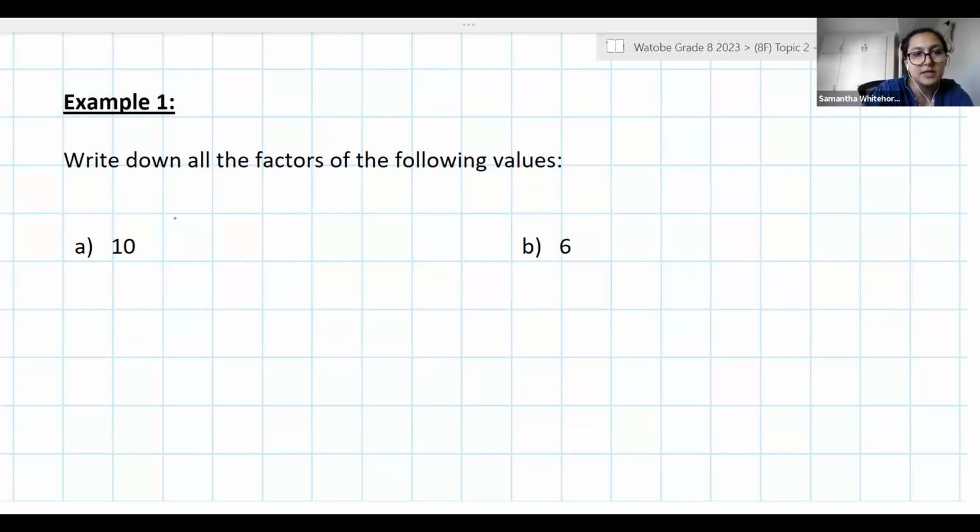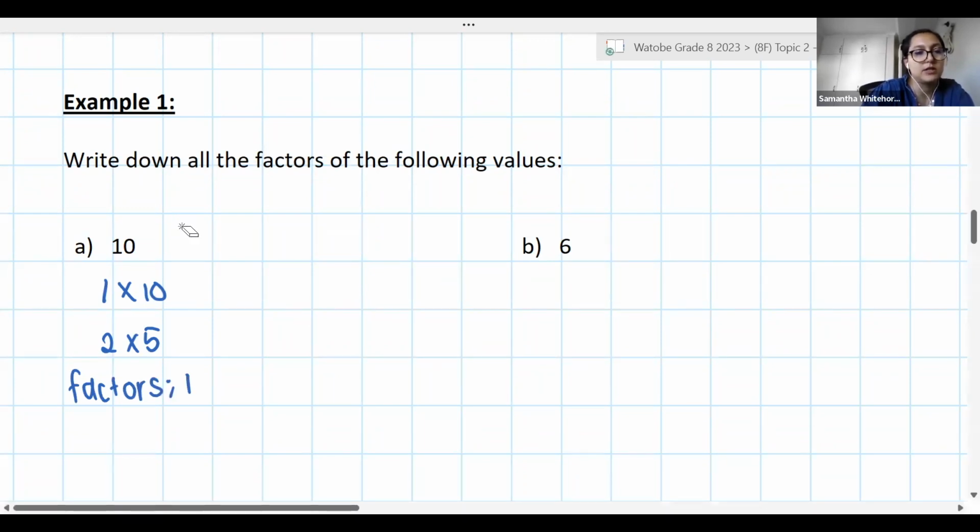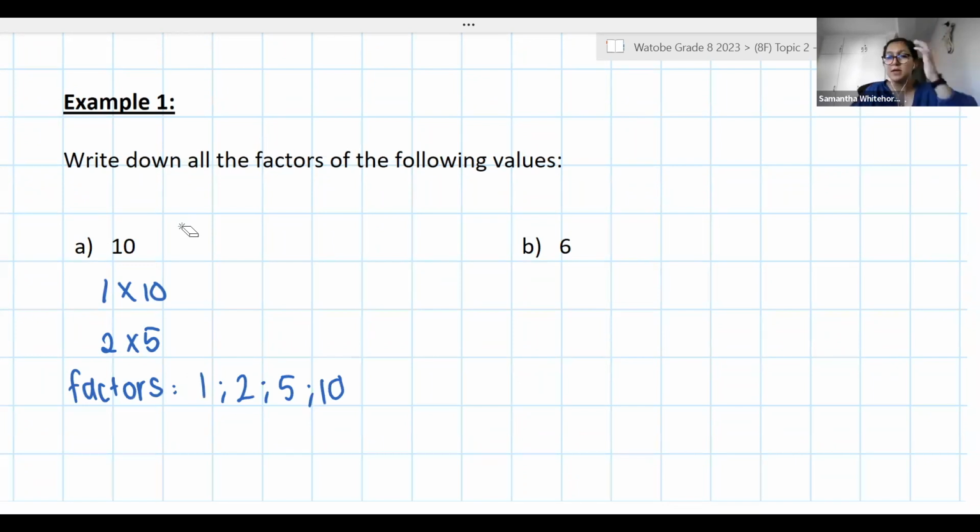So if we think about 10, we could times together 1 and 10, and we could times together 2 and 5 in order to get 10. So our factors of 10 are 1, 2, 5, and 10. Now we can write them in a list on the chat.